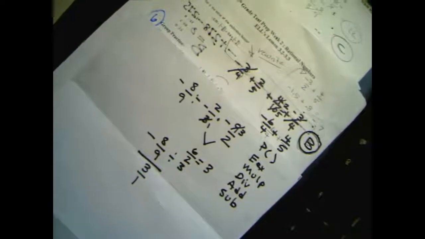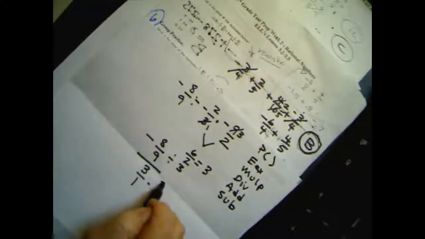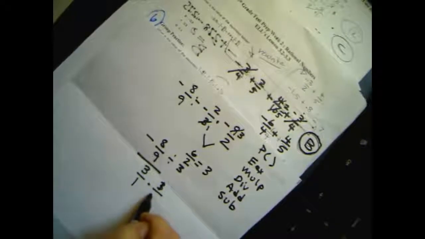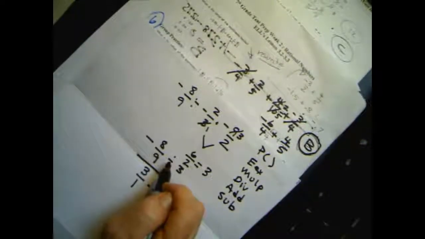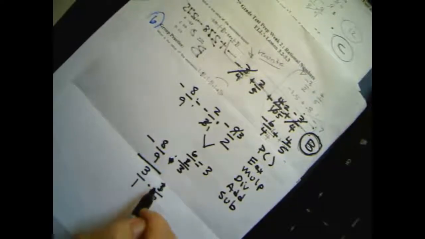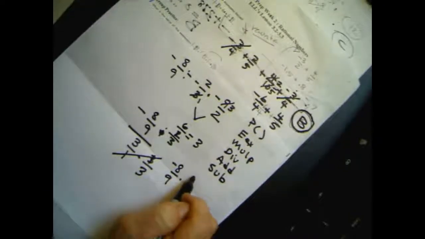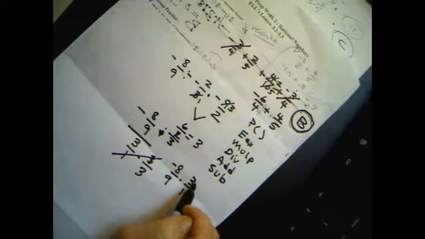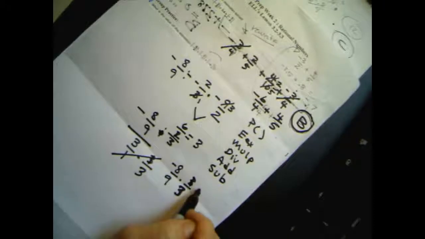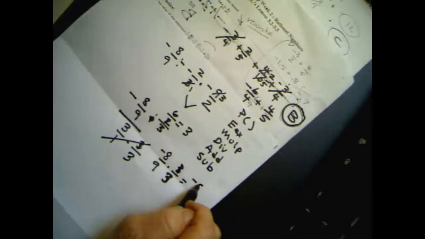Just make sure you have that written out correctly. Remember, when I'm dividing a fraction by a fraction, I'm removing the division by multiplying by the reciprocal. 3/1 times 1/3. I do the same thing to the top, times 1/3. This cancels, and I'm left with negative 8/9 times 1/3, the reciprocal, and I end up with negative 8/27.